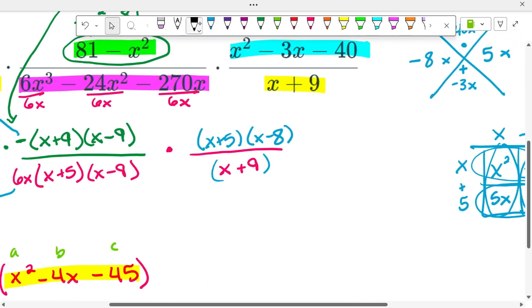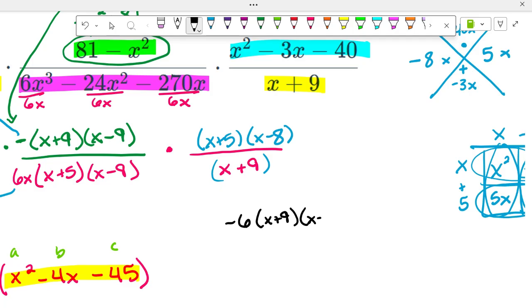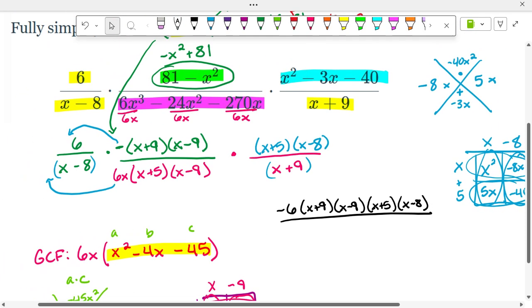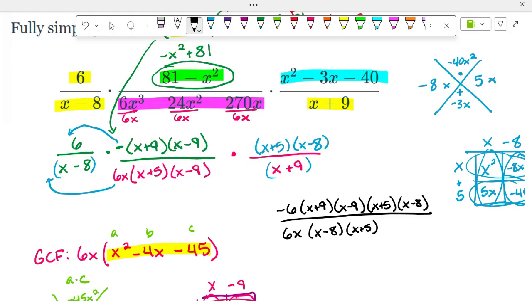So if I write this all out, I have negative 6 times x plus 9, x minus 9, times x plus 5, x minus 8, all over 6x times x minus 8, x plus 5, x minus 9, x plus 9.